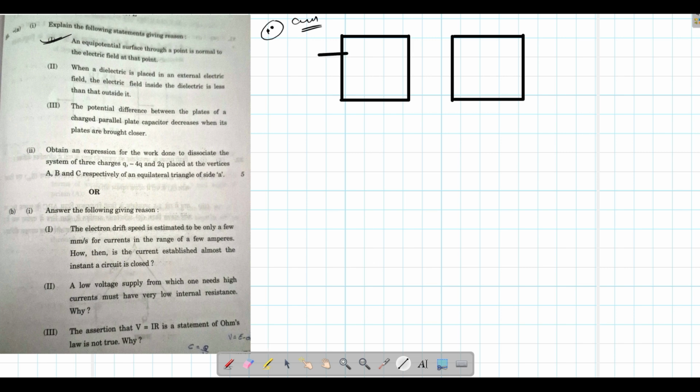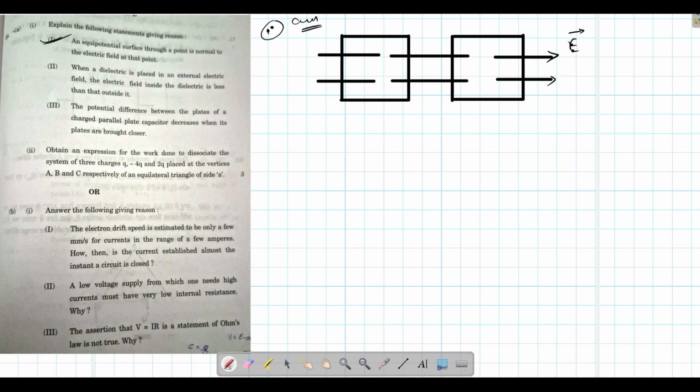Electric fields are normal to the equipotential surface.